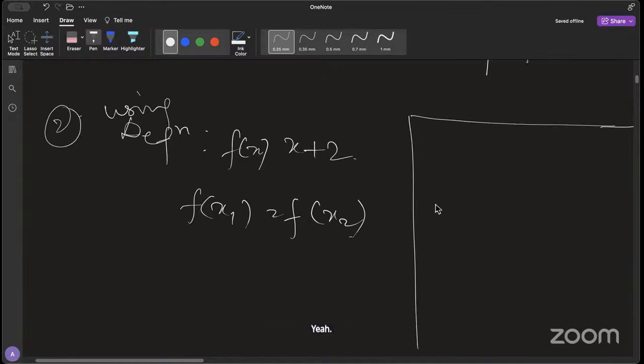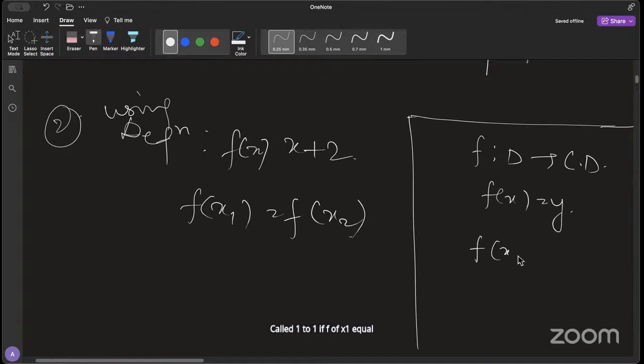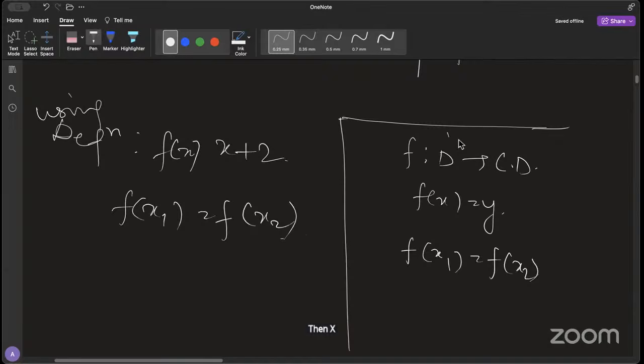So a function f from x to y. Here x is the domain, y is the codomain. Then it is called one-to-one if f(x1) equal to f(x2) belongs to y, then x1 equal to x2 belongs to y.